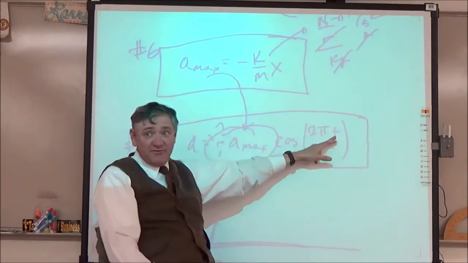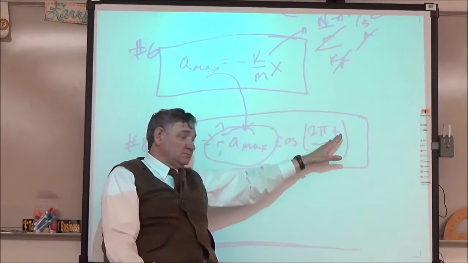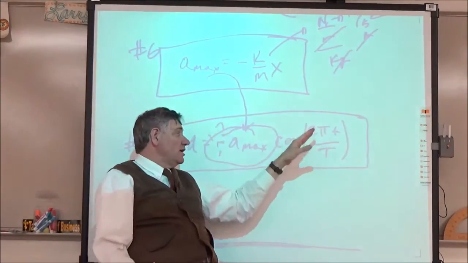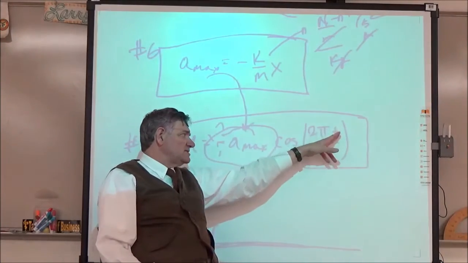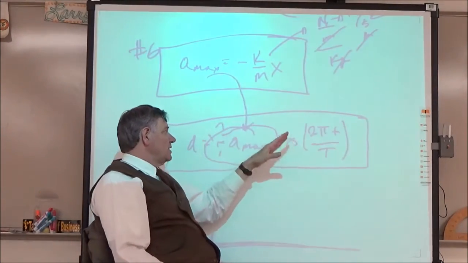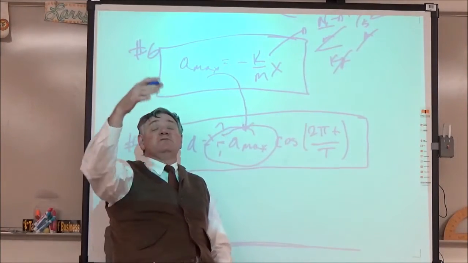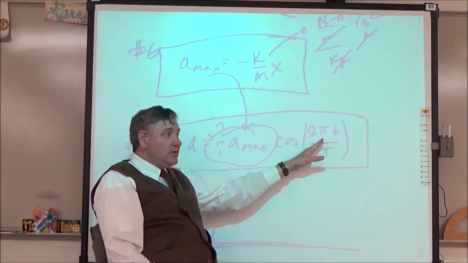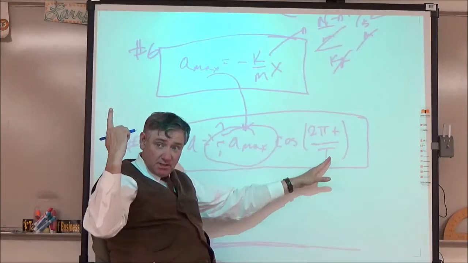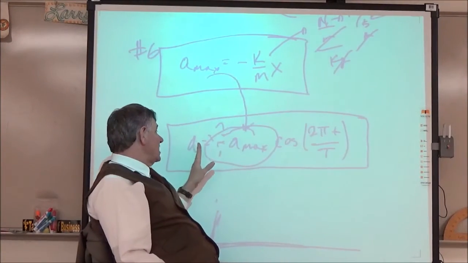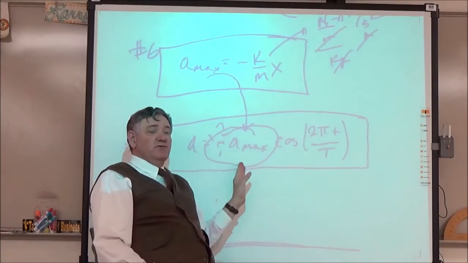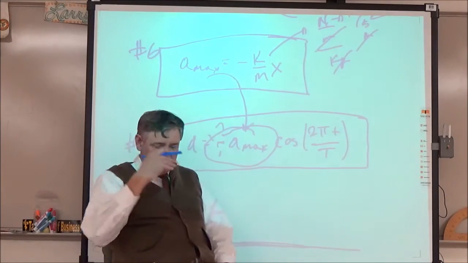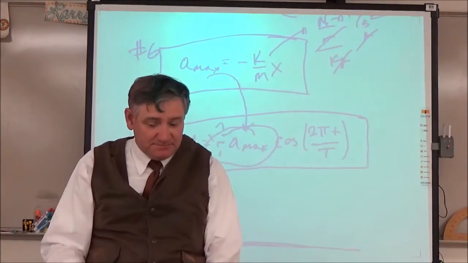If you're a smash mouth physics person, you're going to put time 0 divided by 1.02 seconds or whatever that period is. If you want to work with variables and go, oh, that's just 0 divided by T, this whole thing becomes 0, I'm taking the cosine of 0. Now, what's the cosine of 0? 1. So at time 0, you're taking the cosine of 0, which is going to be 1. So guess what? Your acceleration at time 0 is going to be just a big negative value. So pay attention to the signs.